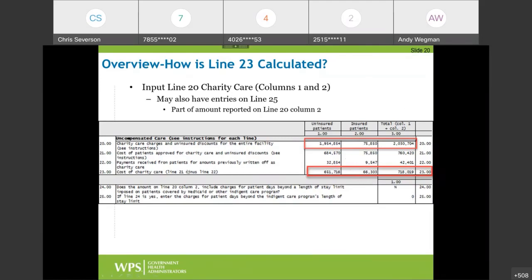But the other thing is that in either case, after you reduce it or don't reduce it by the cost-to-charge ratio, you're going to be offsetting payments on line 22. And that's an important number to understand, because it's not just any and all payments. It's only payments that the patient made for amounts that were previously written off as charity care in a prior year.